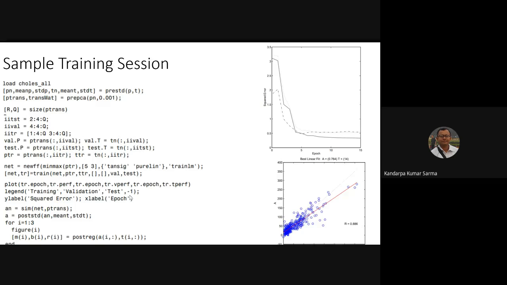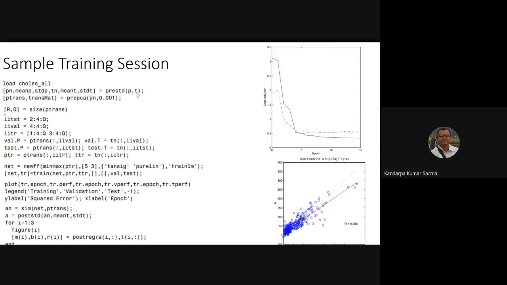Now let's see how a standard training session will look like. For a standard training session to run, you need to load a data set. So here we have shown that we are loading a data set, and from this data set, we can take supposedly 10 rows for patterns, and then the subsequent part we can take for the target part.